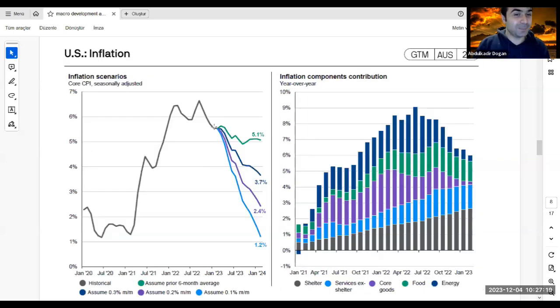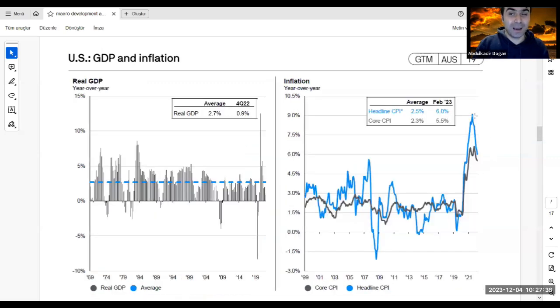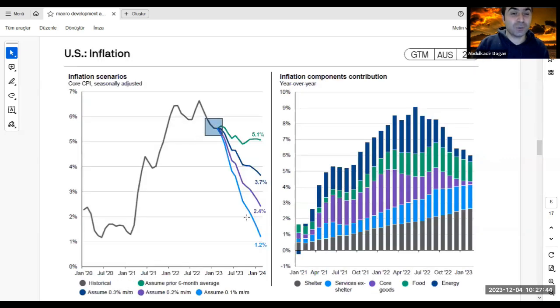Look at this. Inflation is here, but by January 2024, inflation will come to around 3% according to the Fed forecast. This means: I'm increasing the interest rate, and my inflation will decrease from here to here, because the cost of money will be higher.